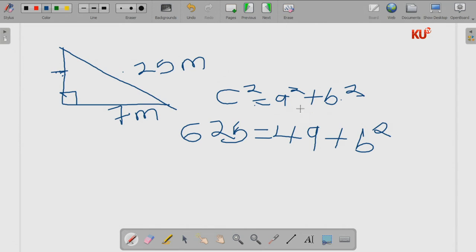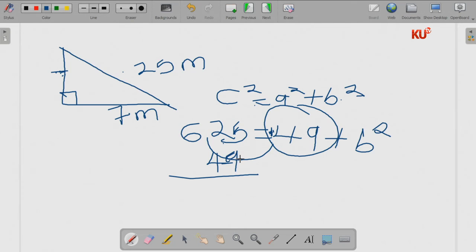Then now we collect like terms. We take this 49 to this side. Because this 49 has a sign of plus here, any figure without a sign has a sign of plus. When you bring it to the other side, it will change to be minus. You take away 49. When you take away 49, what will you get there?